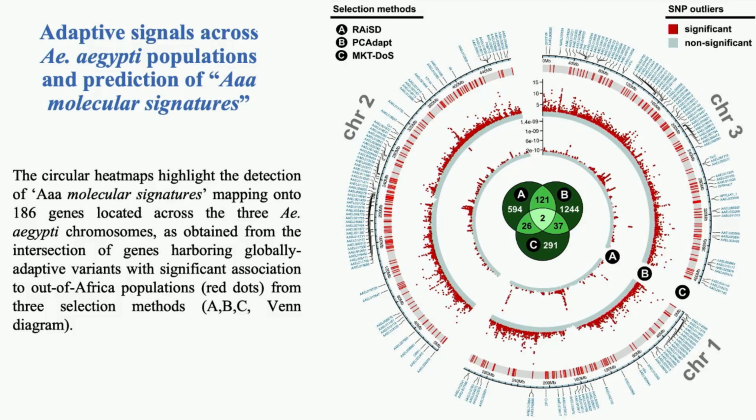In the Venn diagram, you see the number of genes that had outliers identified by the three methods, and what we call AAA molecular signature genes, signature of adaptation in Aedes aegypti, are genes which had signature of adaptation by at least two of these methods. And we identified 186 of these genes.